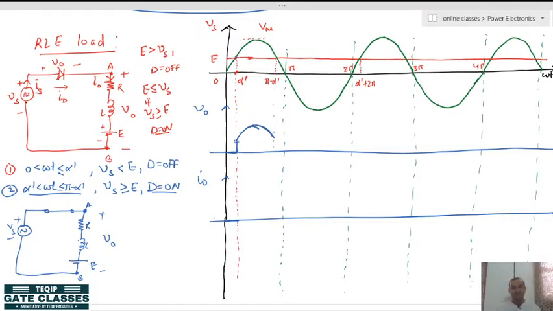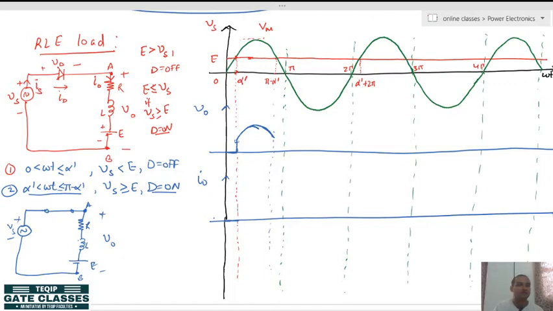Now if you talk about the load current, we have already learned in the RL load that the inductor does not allow instantaneous change of current, hence the current will start rising gradually from 0. It will not rise immediately to some value, because the inductor will not allow that. The current will rise gradually with exponential and sinusoidal behavior.